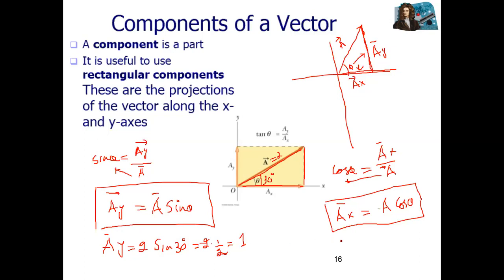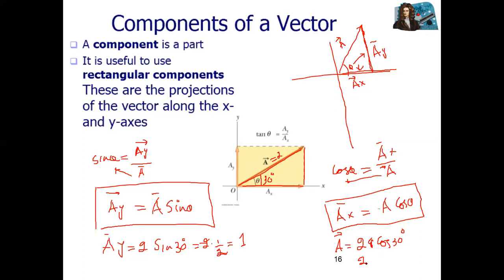Same, how can you find the Ax component? The Ax component is A times cosine theta, so 2 times cosine of 30 degrees. What is cosine of 30 degrees? Not 1/2, 1/2 is sine.